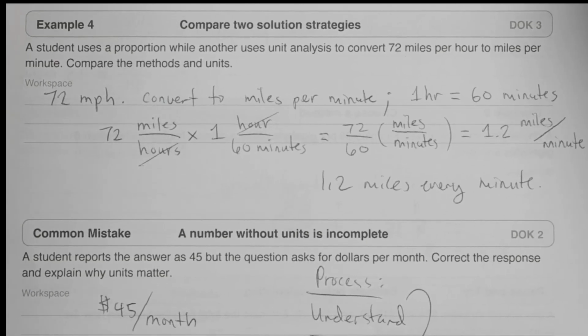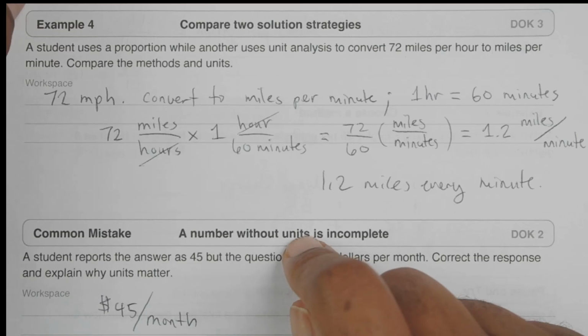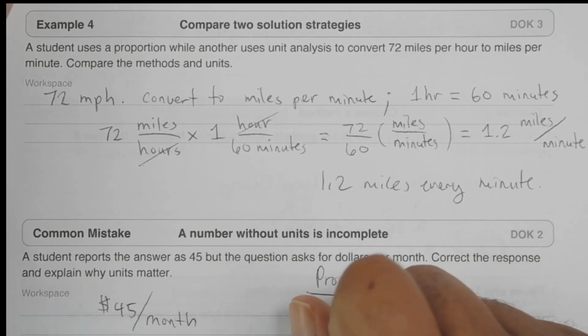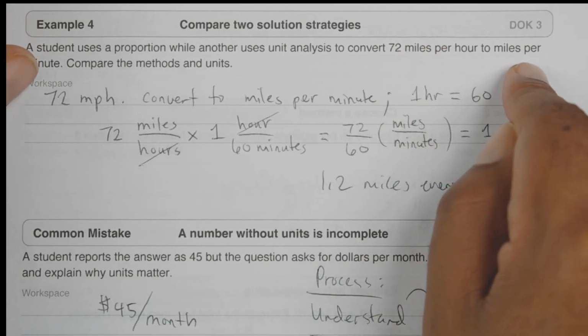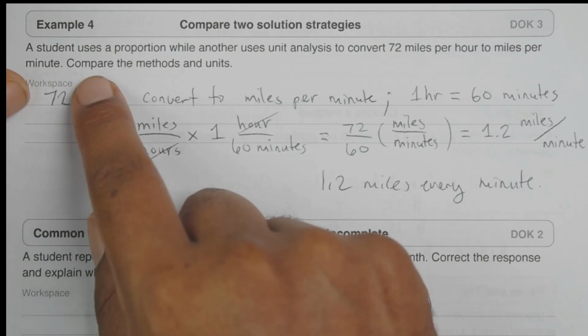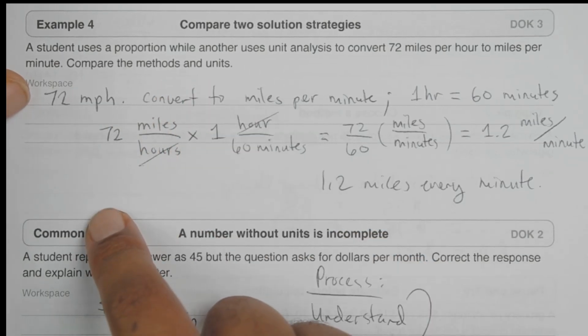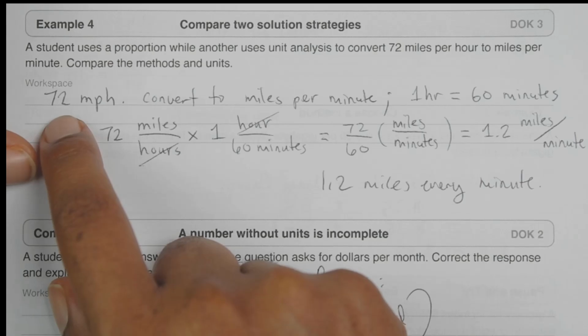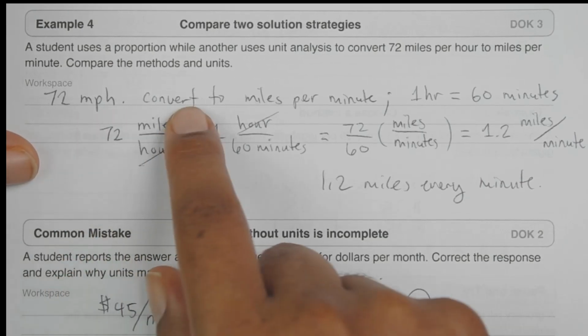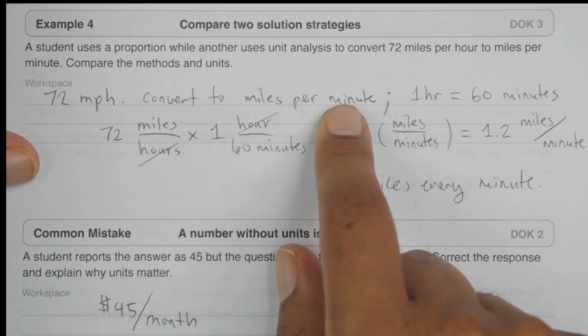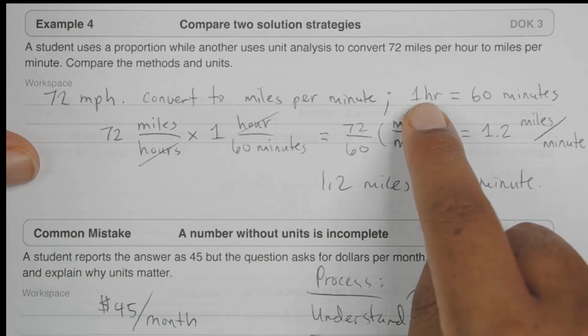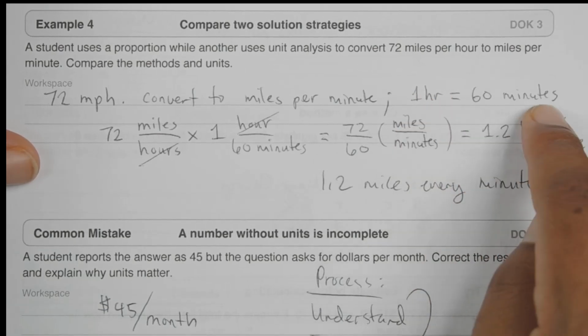Example number 4. A student uses a proportion while another uses unit analysis to convert 72 miles per hour to miles per minute. Compare the methods in units. We know that in 1 hour you have 60 minutes.